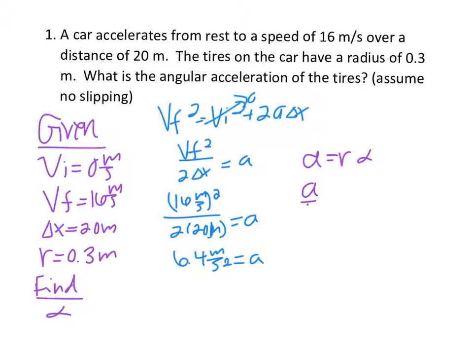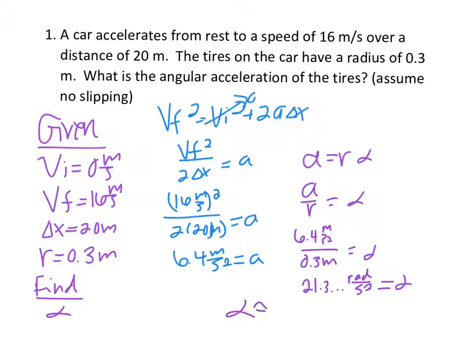So angular acceleration equals linear acceleration over radius. 6.4 meters per second squared divided by 0.3 meters equals alpha. This is going to give us 21.3, keeps on going, radians per second squared. So my alpha is about equal to 20 radians per second squared.